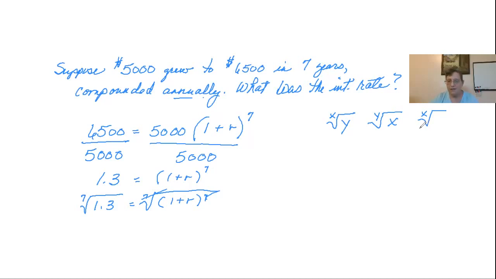And some calculators make you put the 7 in first. So to enter this in your calculator, you might have 1.3 and then the xth root of y, which may be your second function over your power key, 7, equals, or I have seen calculators where you have to put the 7 in first.